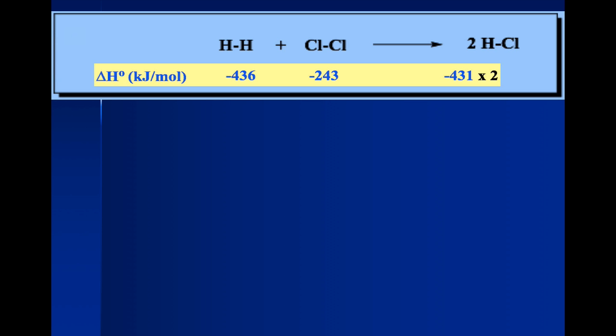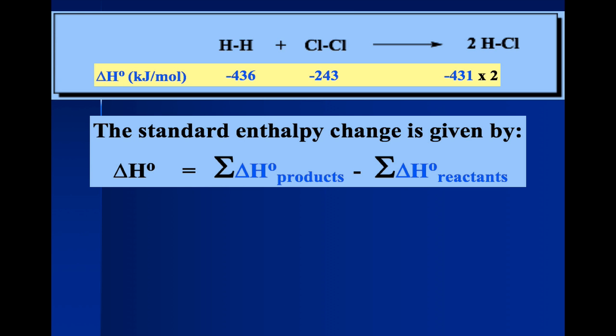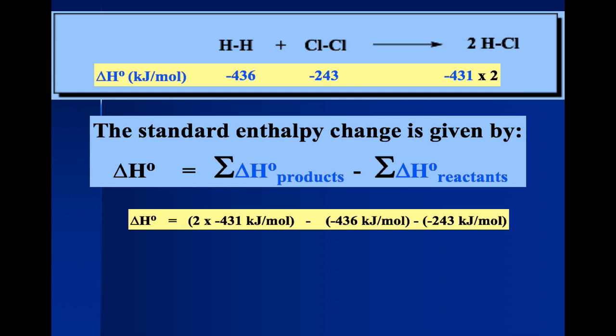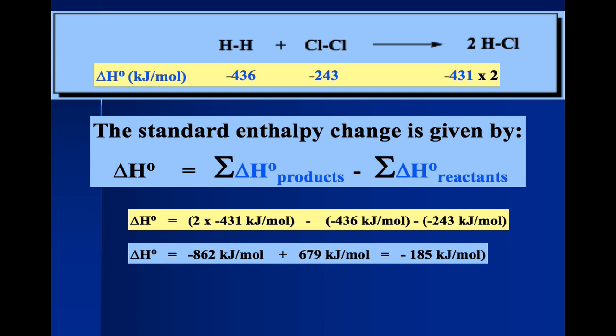And so if you look at the energetics here, or the enthalpy terms, you can see the bond dissociation enthalpies quite nicely. And when you apply that equation that you learned about in general chemistry, remember sum of the products minus the sum of the reactants gives you the delta H of the reaction. And we plug all these numbers in. What we actually see is that this reaction is exothermic by 185 kilojoules per mole.